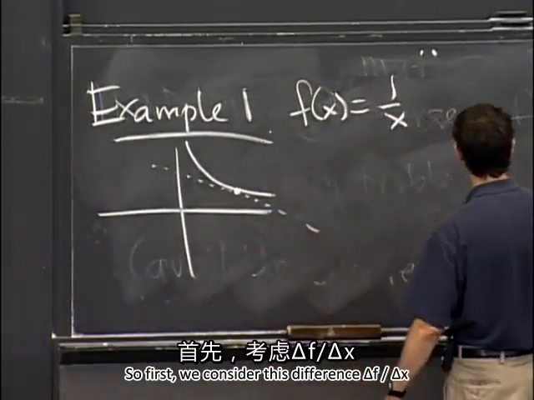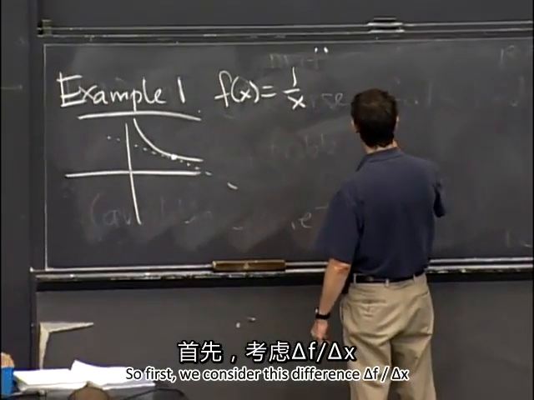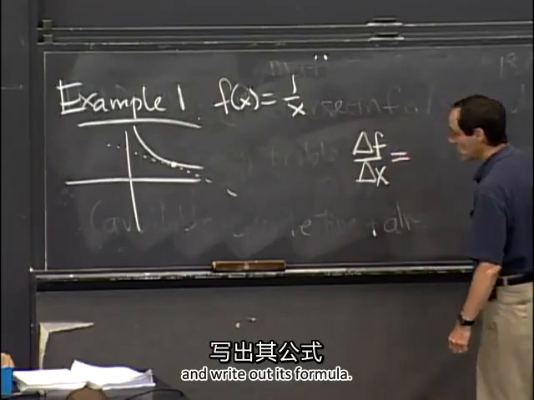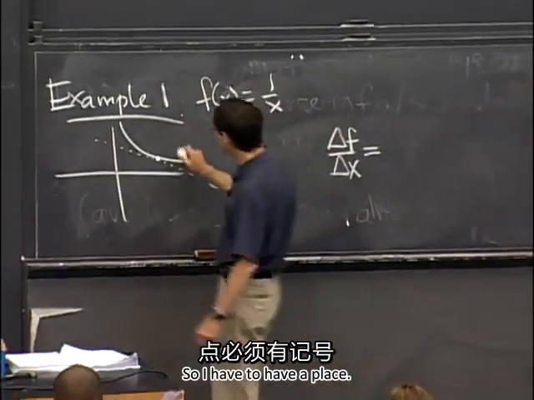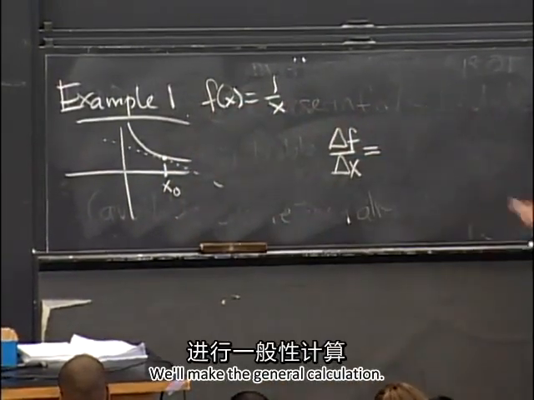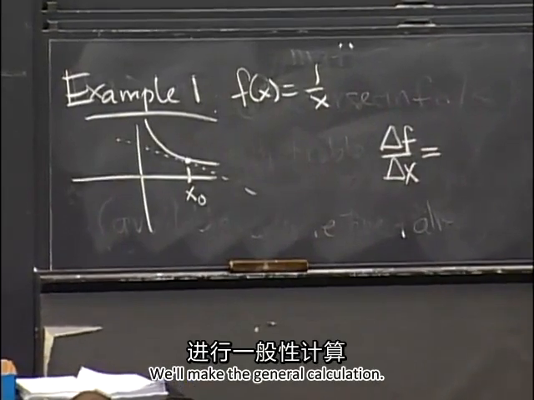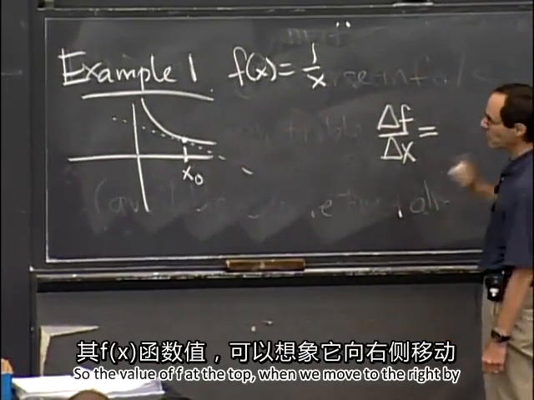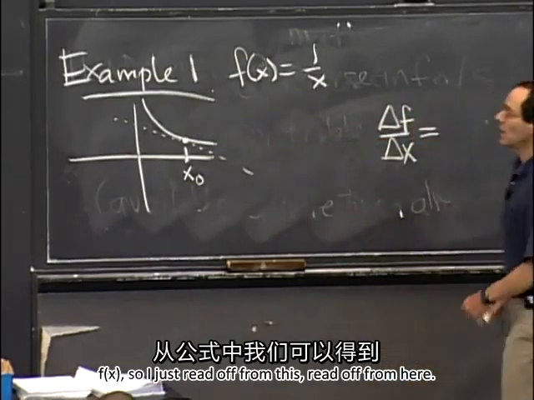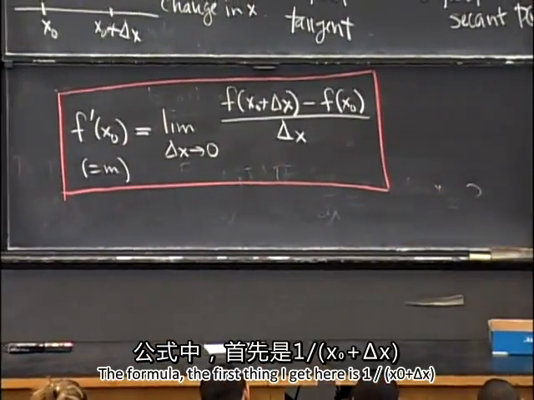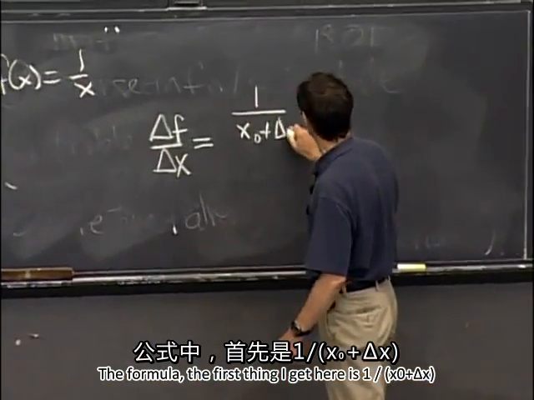So first, we consider this difference, delta f over delta x, and write out its formula. So I have to have a place, so I'm going to make it, again, above this point x0, which is a general point. We'll make the general calculation. So the value of f at the top, when we move to the right, I just read off from the formula. The first thing I get here is 1 over x0 plus delta x.